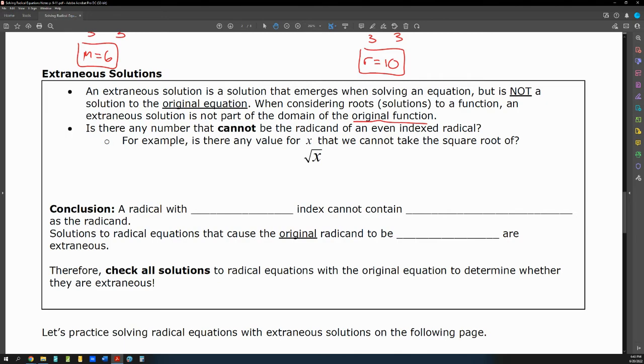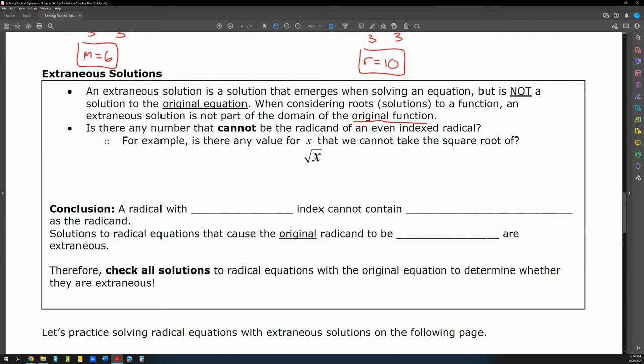Is there any number that cannot be the radicand of an even indexed radical? An example of that would be if we were taking the square root, which remember is the index of 2. So if we take the square root, is there any number that we can't take the square root of? Take a moment and think about it. Is there any number that we can't take the square root of?